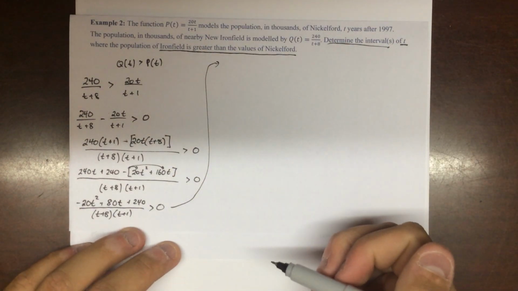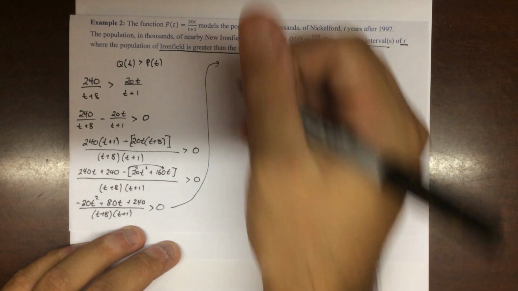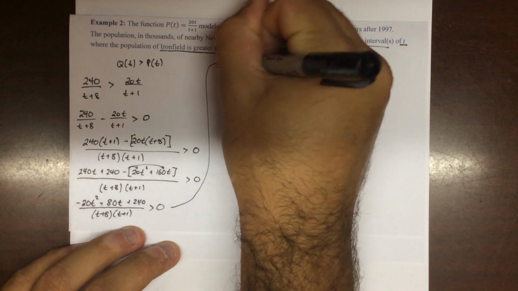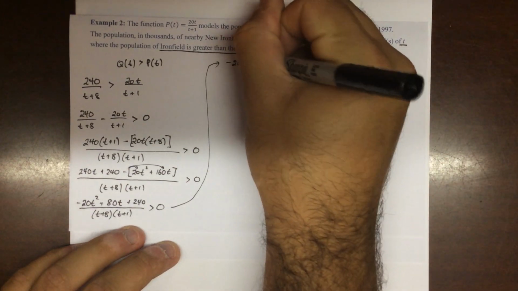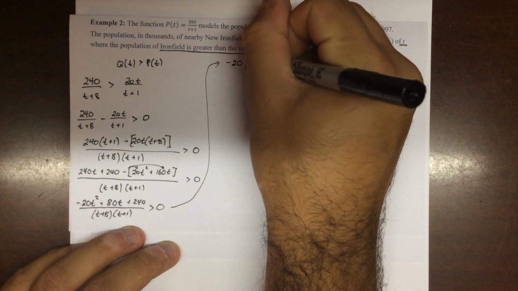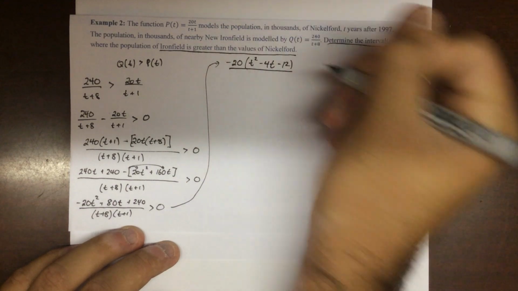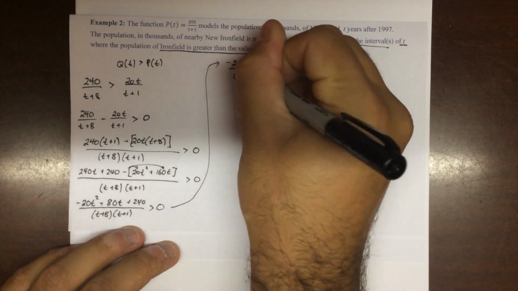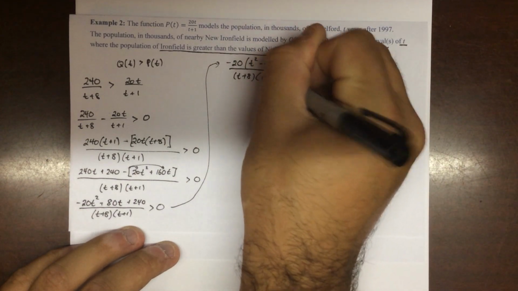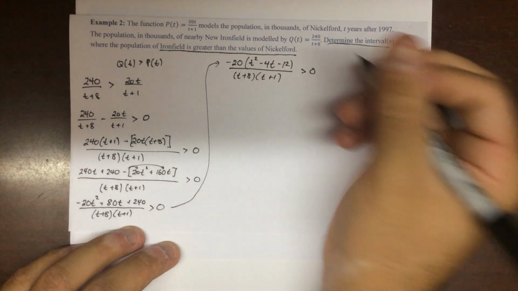So that numerator factored is going to look like negative 20 times t squared minus 4t minus 12, all over t plus 8 and t plus 1 greater than 0.